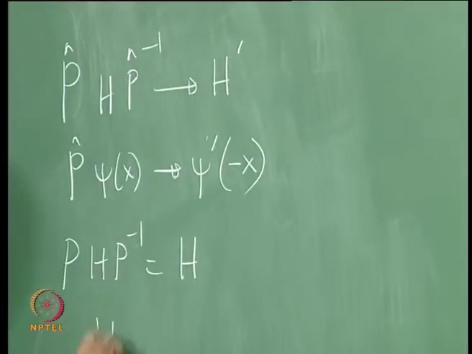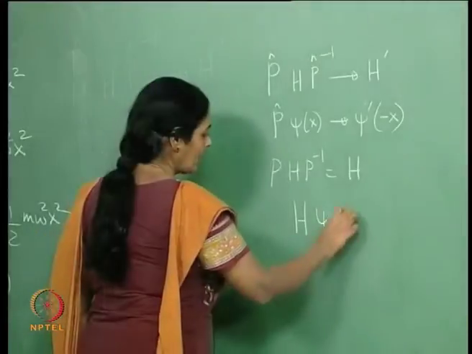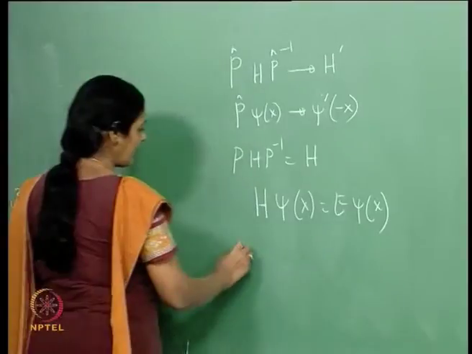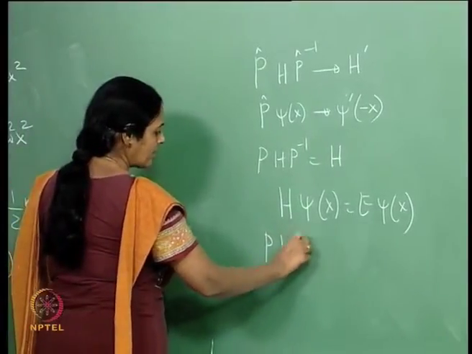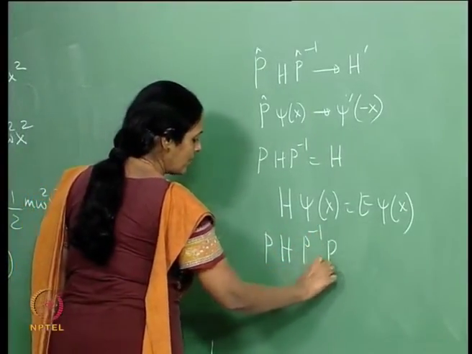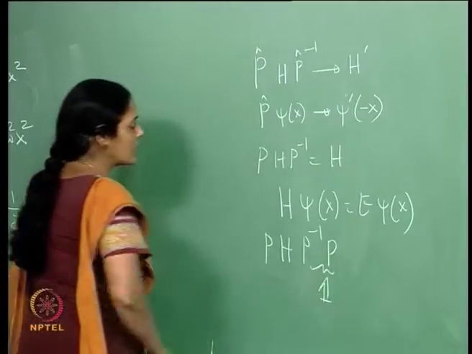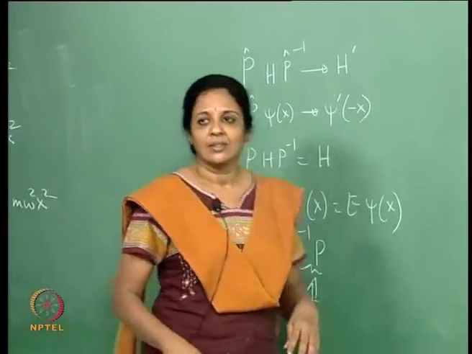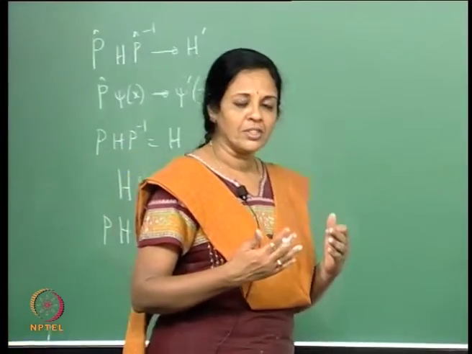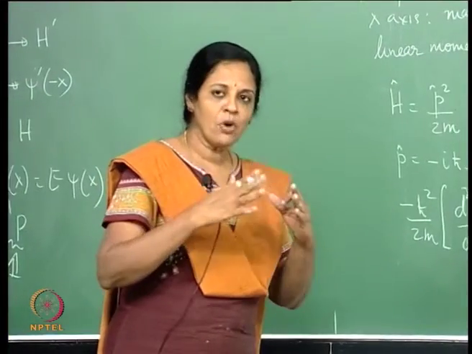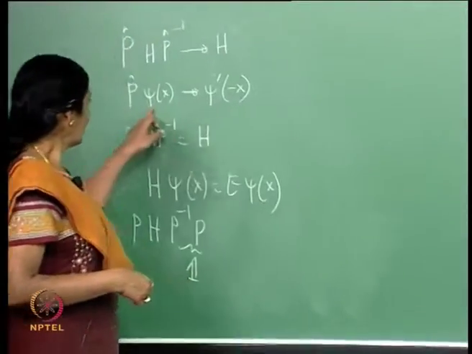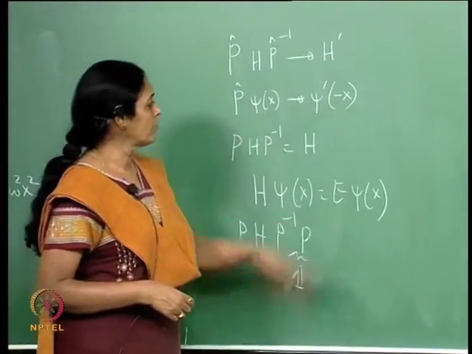Now in a context like this, where I have h psi of x is E psi of x, I can write P h P inverse P. It's clear that P inverse P is the identity operator, because P takes x to minus x, therefore all operators which are functions of x to the same operators where x is substituted by minus x, and the wave function psi of x goes to psi of minus x.